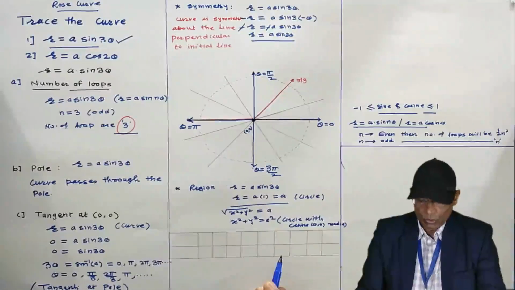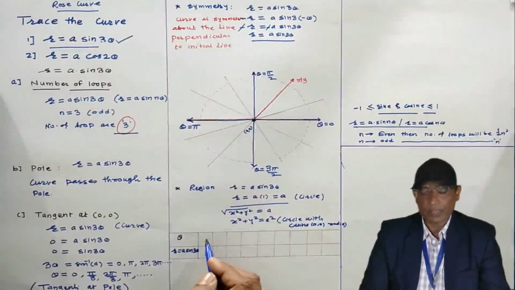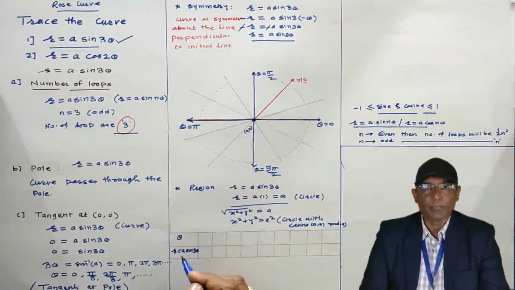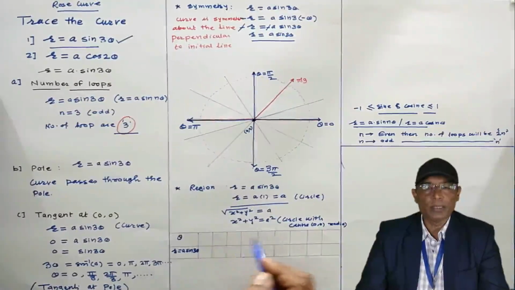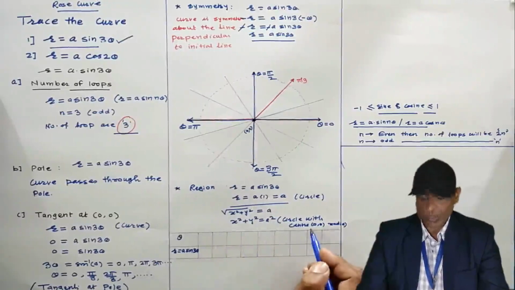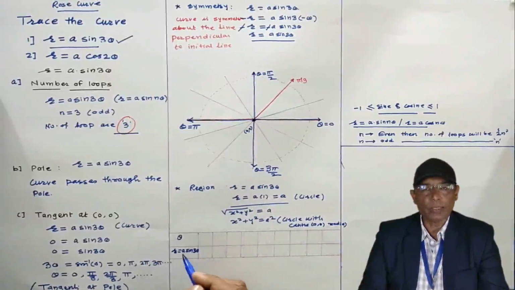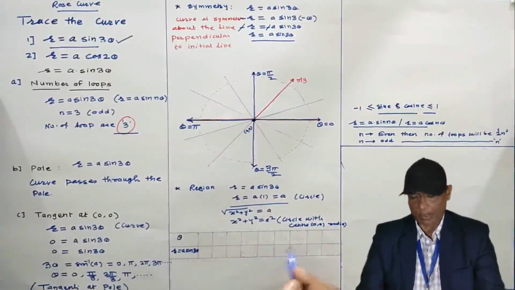Now what to do? For different values of theta, we want values of r, but in an optimistic way, I will choose just a few values of theta, and for those values of theta I will find out the values of r.